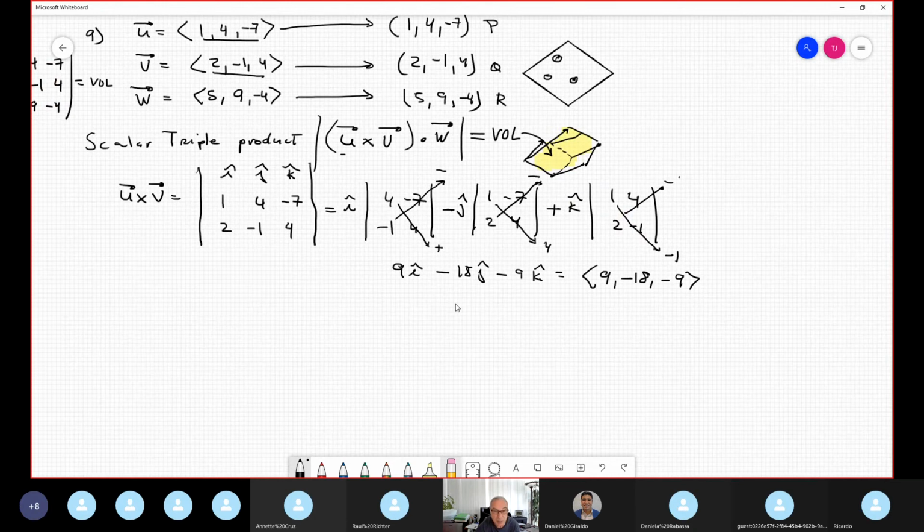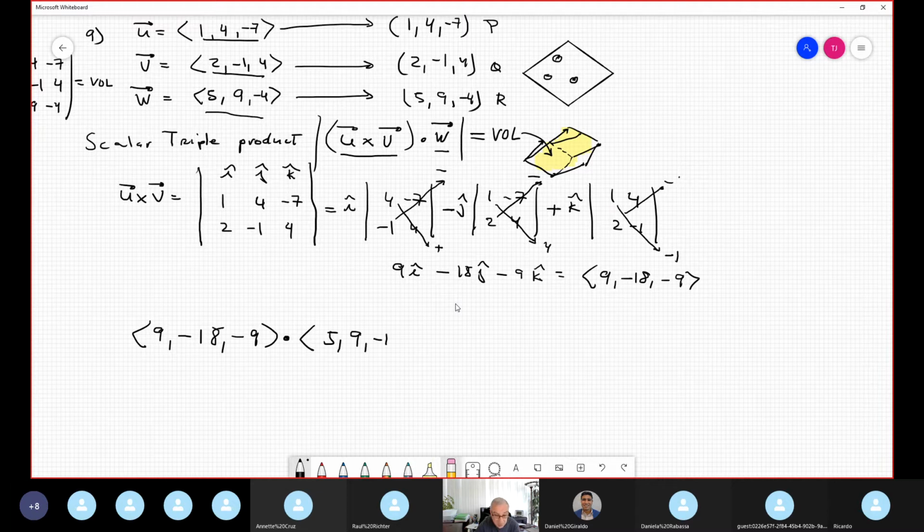Okay, finally, I am doing the dot product. Look at the formula. I did that part. Dot product with W is basically 9, -18, -9 dot 5, 9, -4, the third vector. I never used it, I use it now.